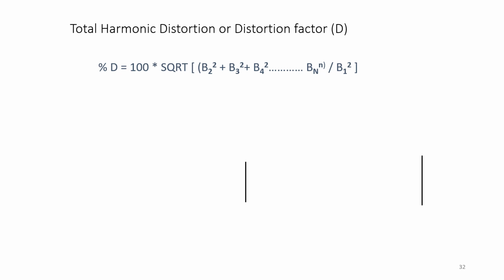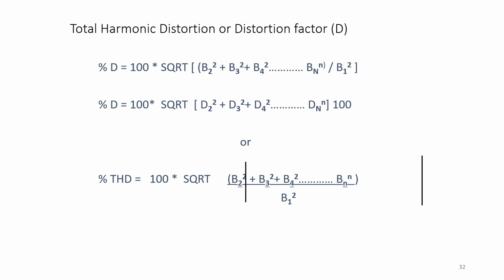That is, the sum of the squares of the harmonics divided by the fundamental square. That is given as 100 into the square root of D2 square plus D3 square plus D4 square up to Dn square. So this is the total harmonic distortion.